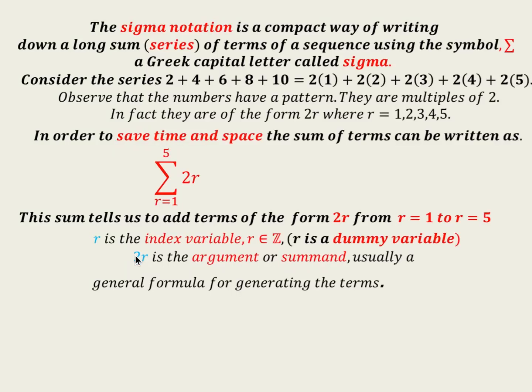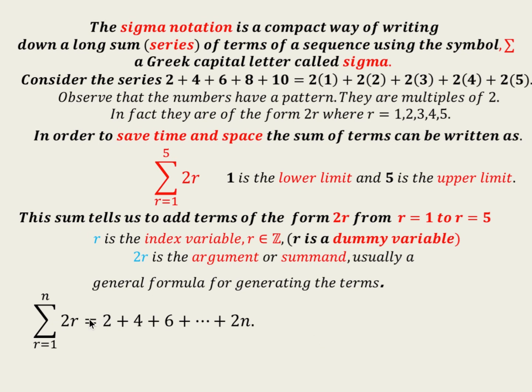Now, the function 2r is called the argument or the summand of the summation, and is usually a general or explicit formula for generating the terms in that series. We note that this first value of r, 1, is the lower limit, while the last value of r, 5, is called the upper limit.